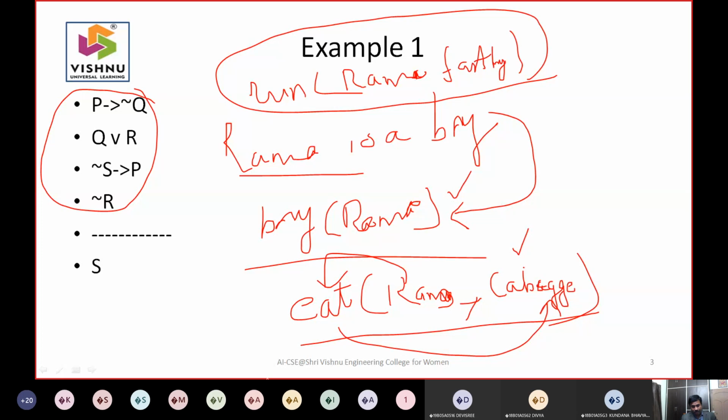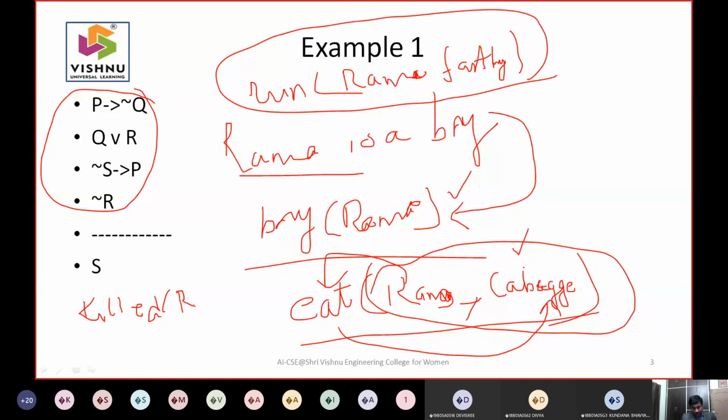So you need to understand here, Rama was eating cabbage. Some person like Marcus is also eating a cabbage. The x value will change, but the number of parameters will not change. Rama was killed by somebody. So killed will be there, and you have Rama.